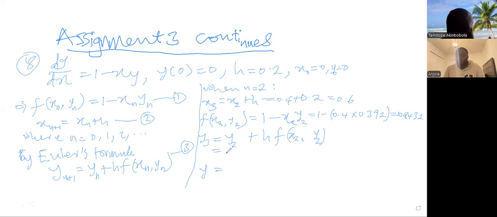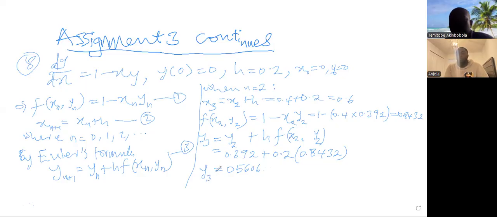What's our y2? 0.392. 0.392 plus h, which is 0.2, times f of x2, y2, which is 0.8432. So multiply that and add to 0.392. 0.5606. Very good. So that's y3.